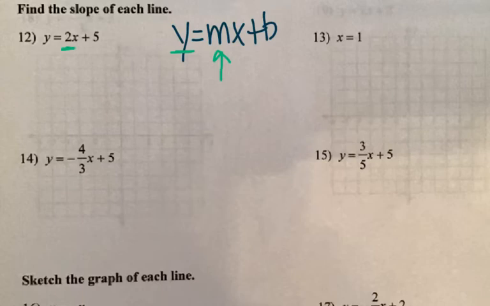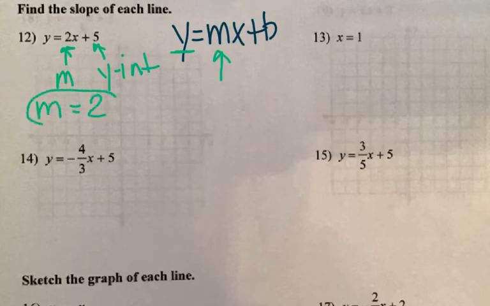That means 2 is our slope. What would our y-intercept be? 5, okay? So 2 is our slope. 5 is our y-intercept. I know the problem didn't ask what your y-intercept is, but I need you to be able to identify that as well. So for this problem, we're going to say m equals 2, and that would be our answer.